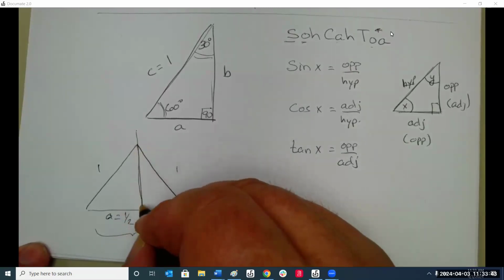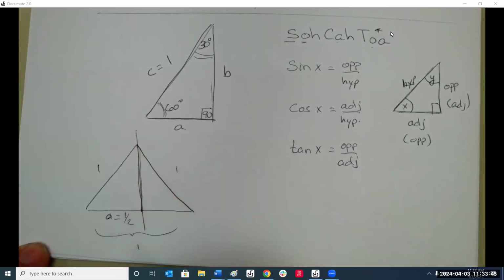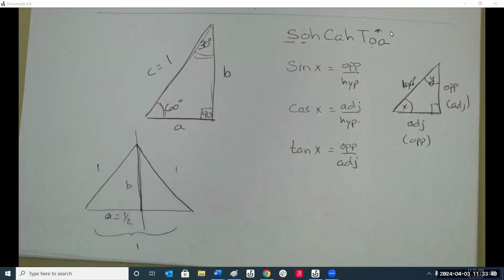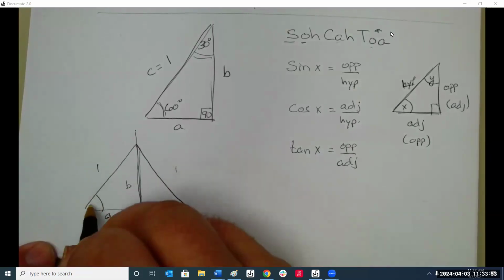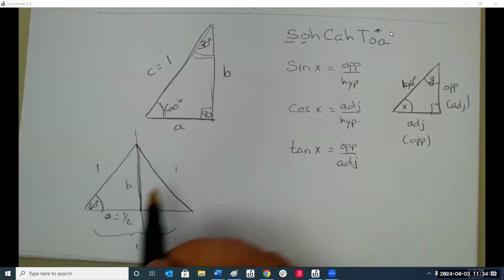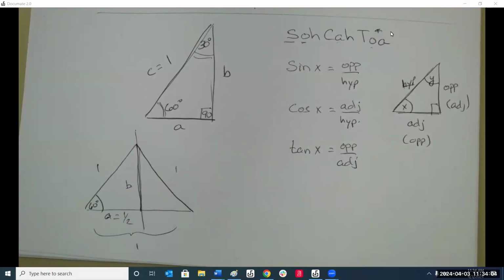Now we can figure out what the height is going to be. What's B going to be? Because we're looking at, in this case, 60 degrees. So what's the value of B? How do we find it?